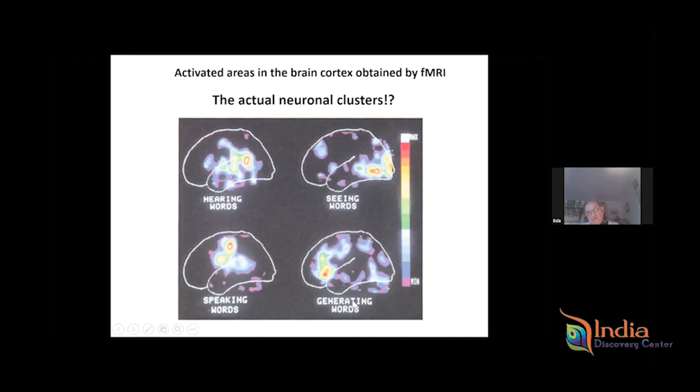Very different areas are active when we are generating words. When creating new words, the frontal cortex is the most active.